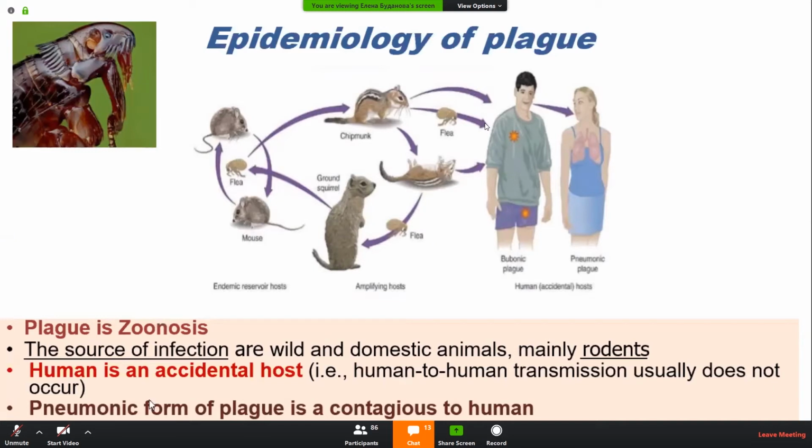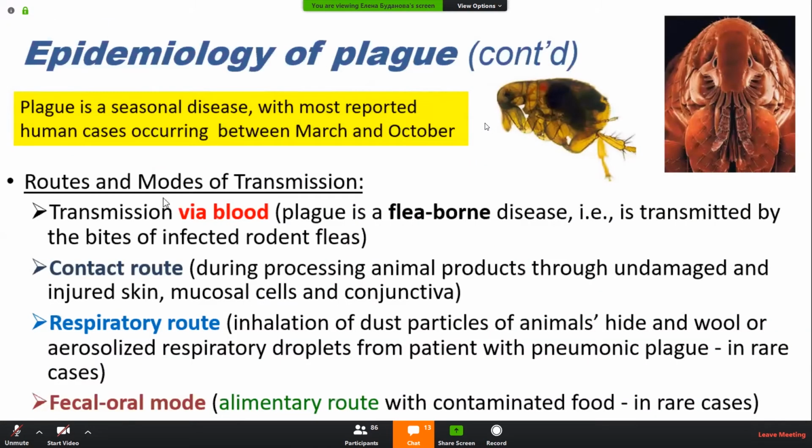It is shed only in pneumonic form. In case of pneumonic form, it can be shed from human to human, and it is endemic area. It is reported in endemic areas as endemic infection.